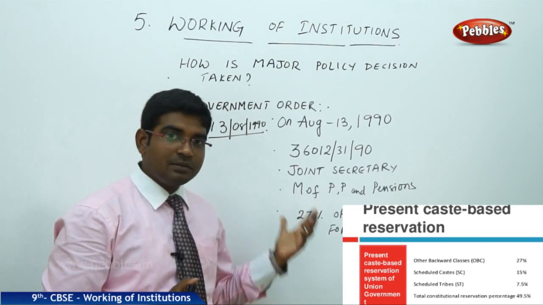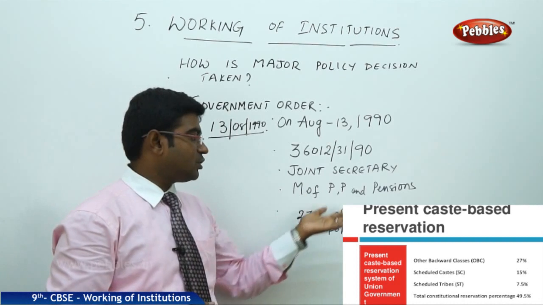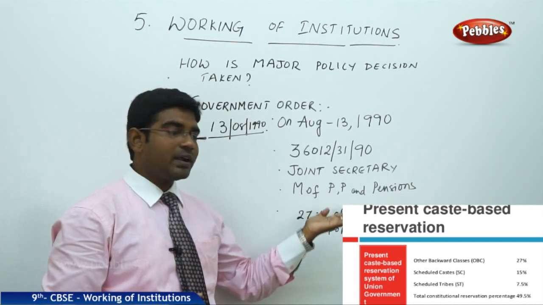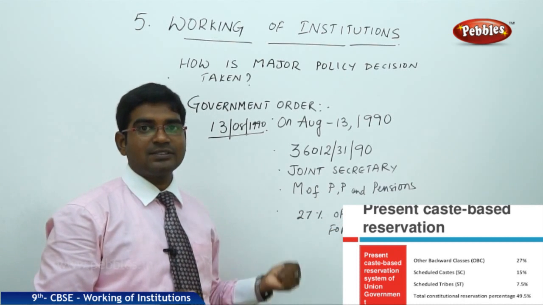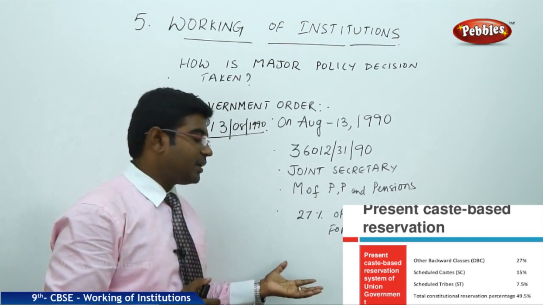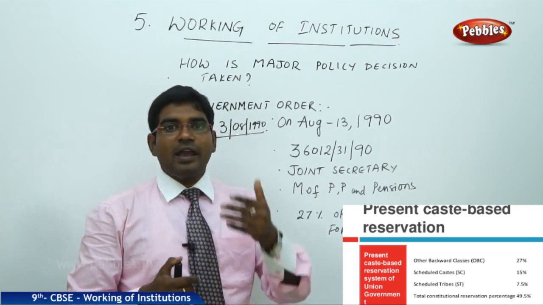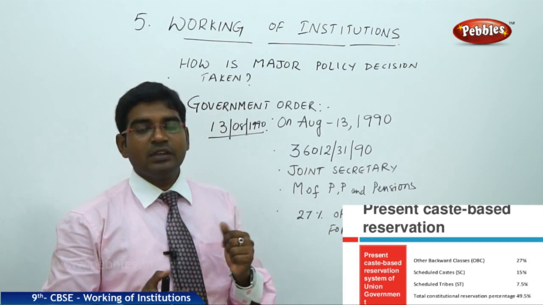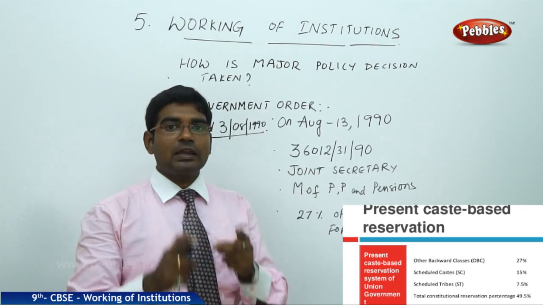The Ministry has passed an order stating that 27% of the reservations will be allotted for the other backward classes in the top civil services examinations, which means that the government gave an order mentioning details as per the recommendations made by the second backward commission. This second backward commission is also known as the Mandal Commission.